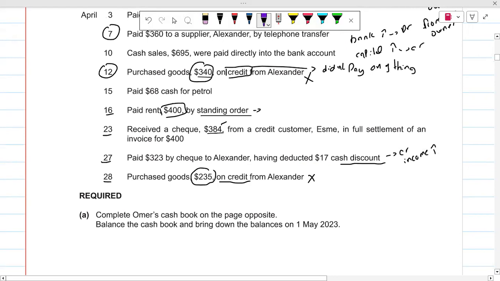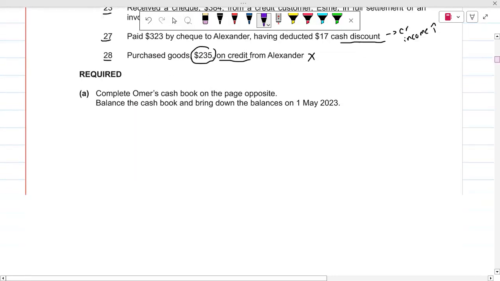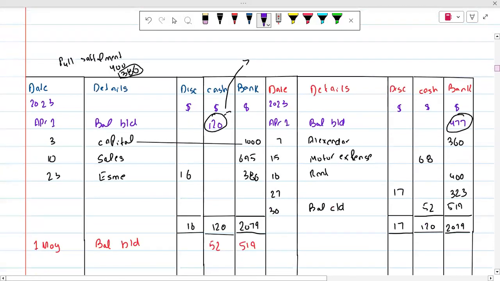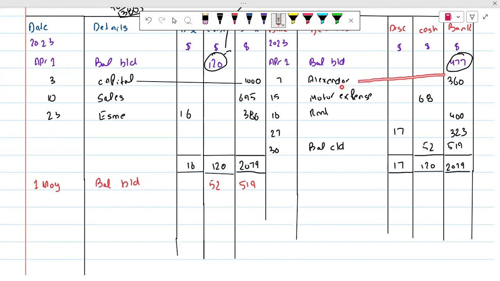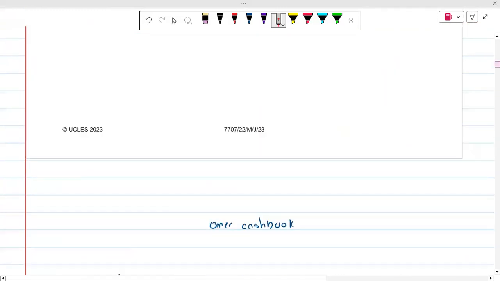As you can see, on 7 April we paid $360 to Alexander. And I think I just forgot to write the 27 April transaction.